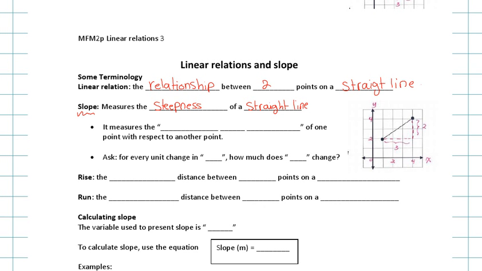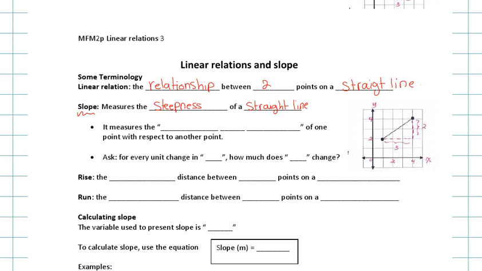When you're driving and you say that road is steep, that means it's going up steeply. Or think about stairs. When you're climbing up the stairs, is it a steep stair or an okay stair? So the steepness of the line is called a slope.